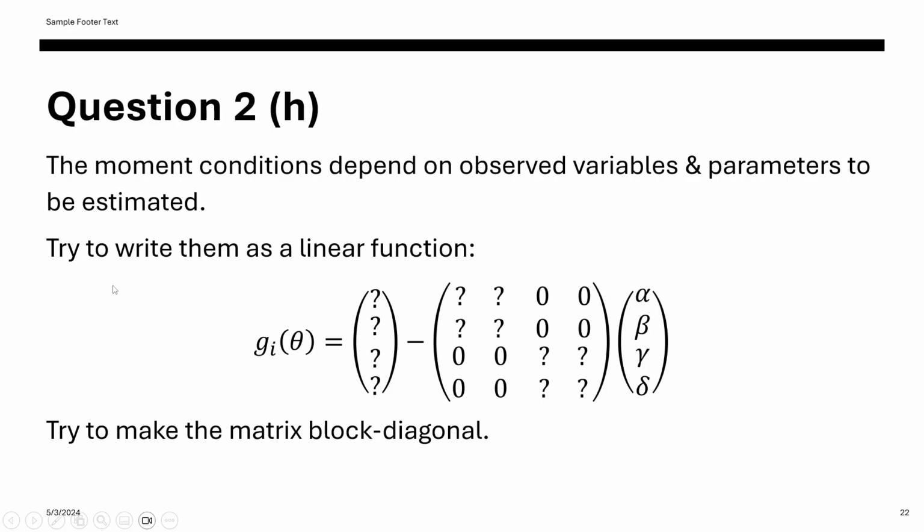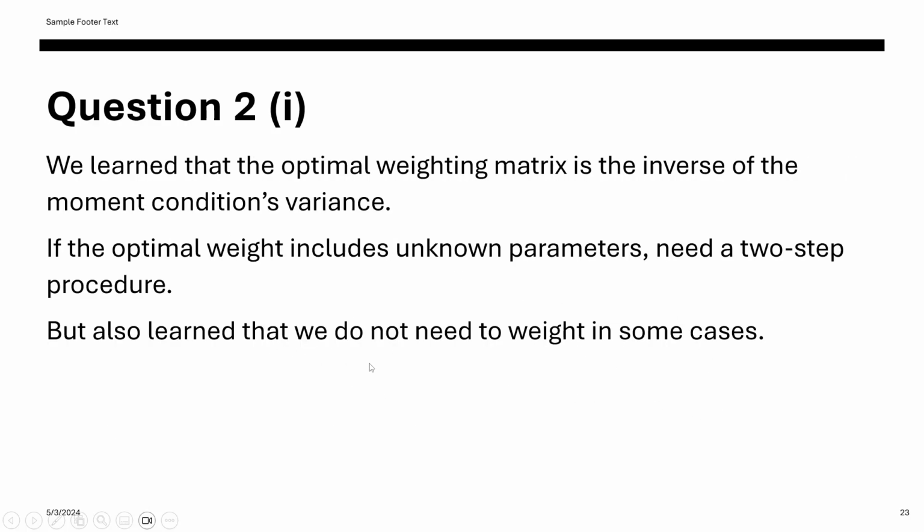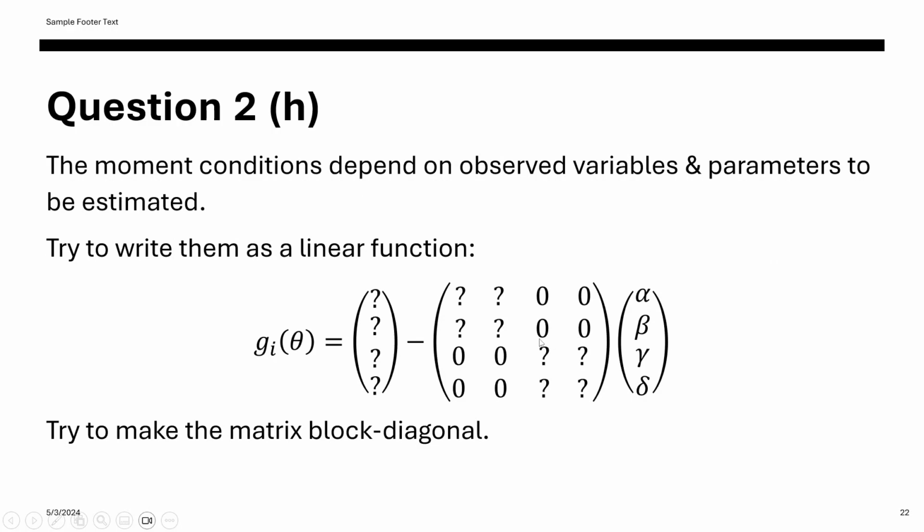In this case, I recommend you write the moment function like this, and especially I recommend you use this block diagonal structure. So put 0, 0, 0, 0 on the off-diagonal blocks. Then the following algebra will be easier. I gave you a lemma below on how to utilize the block diagonal forms.